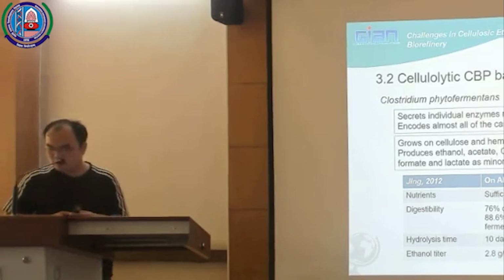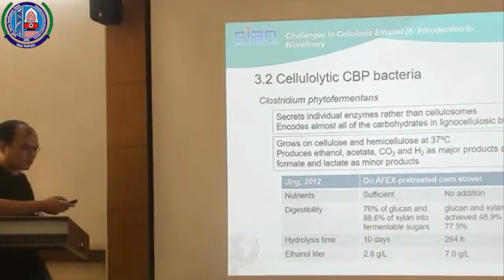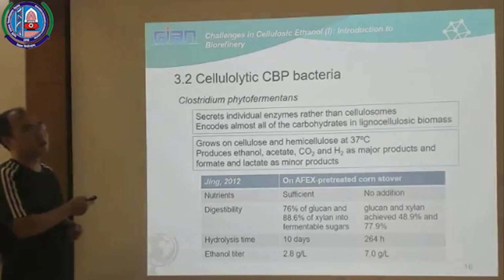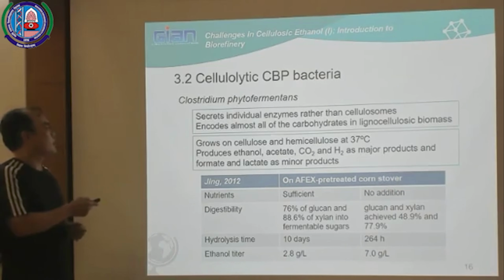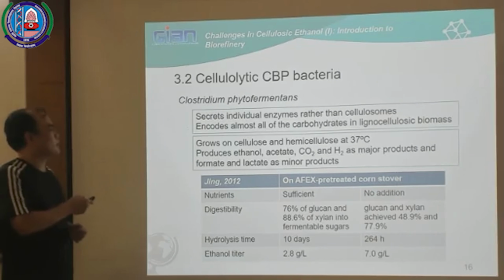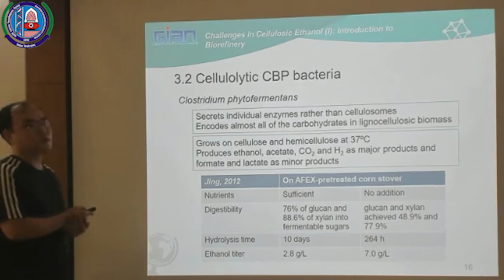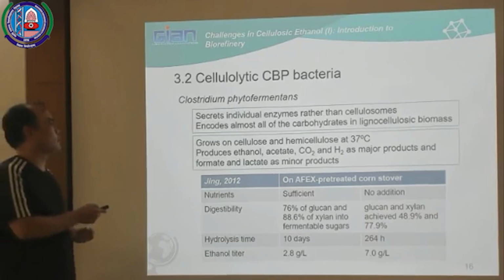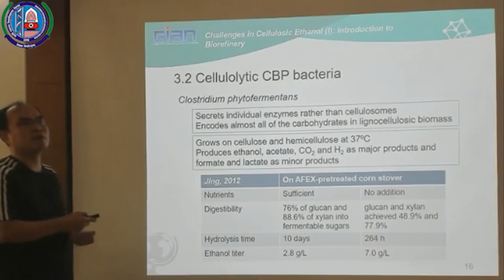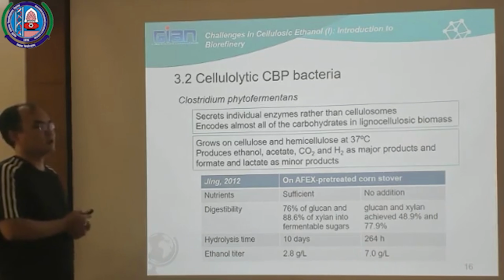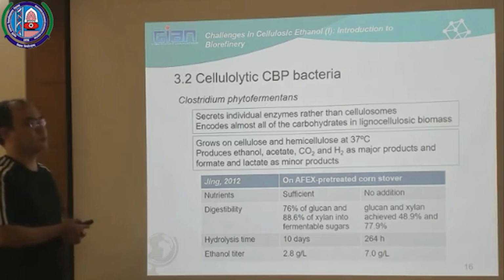Yes, this one. I read a lot about this bacteria. First, it has a variety of hydrolysis genes, almost for all of the components in biomass, including the hemicellulose and the arabinose, it can digest.